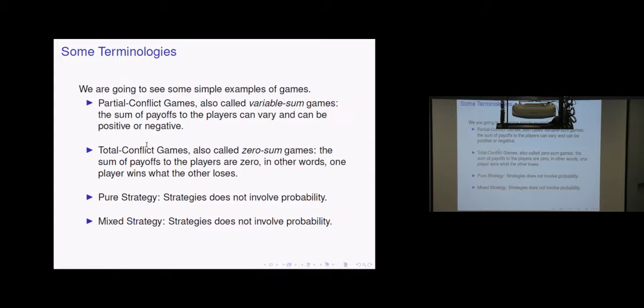Mixed strategy means strategies that do involve probability. So this is a mistake, so we should cross this off. I'll correct it and re-upload. Okay, any other comments? Okay, so we can continue.